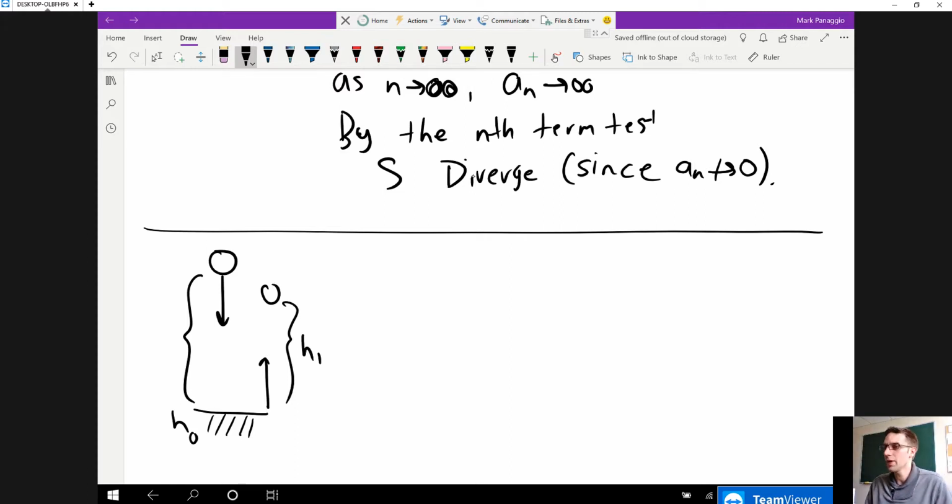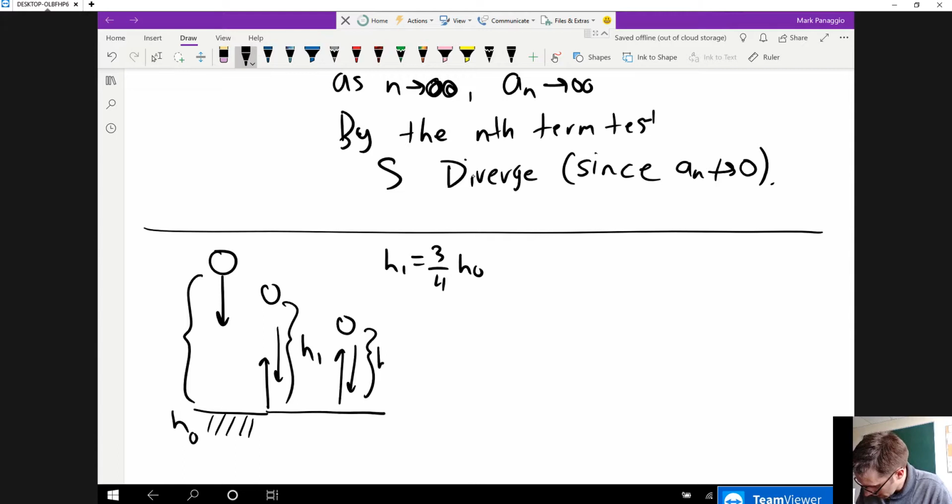Let's suppose it bounces so that the next height is exactly 3/4 of the previous height. And so that continues, so it goes up, and then it goes back down, and then the next bounce will be 3/4 of that. And so we would say that h2 is 3/4 of h1, and that this continues indefinitely.